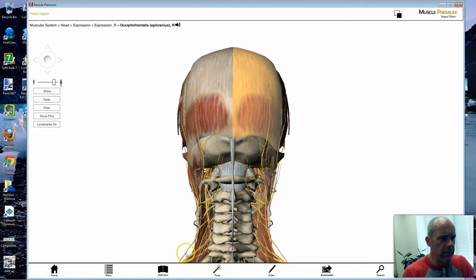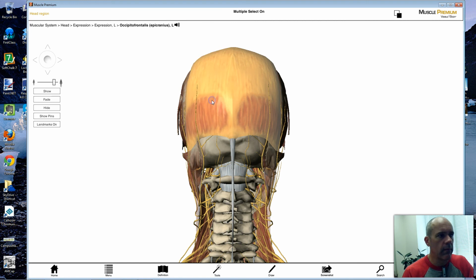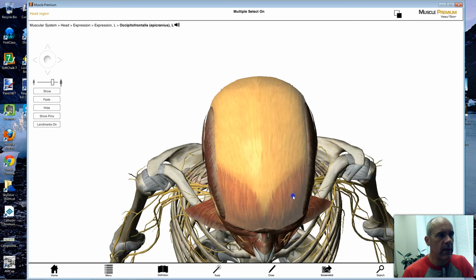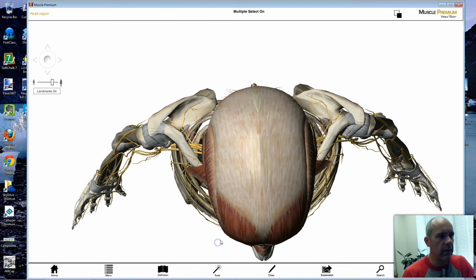All right, so let me turn on multiple highlight here. Okay, so I'm highlighting the occipitalis muscle back here, but notice also if I rotate the head this way, it also highlighted this gray tissue over the top of the head.